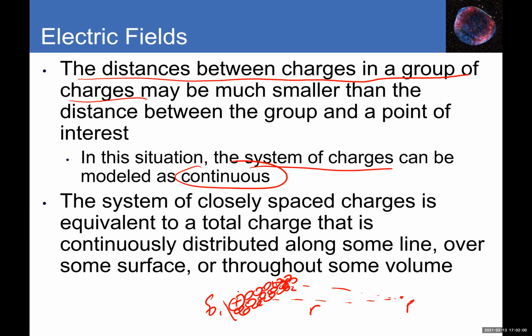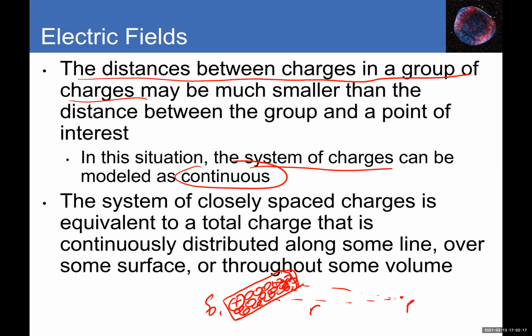It could be an object or a rod where we have all of those charges inside, and now we have a contribution from all of them at that point P. So basically, that becomes a continuous distribution.